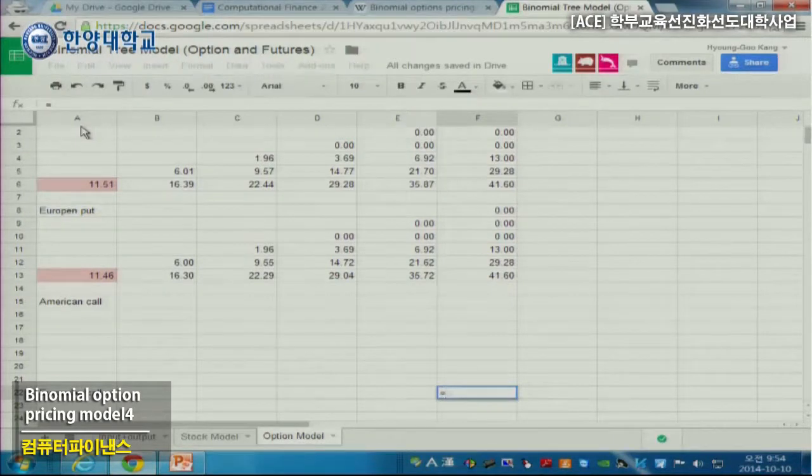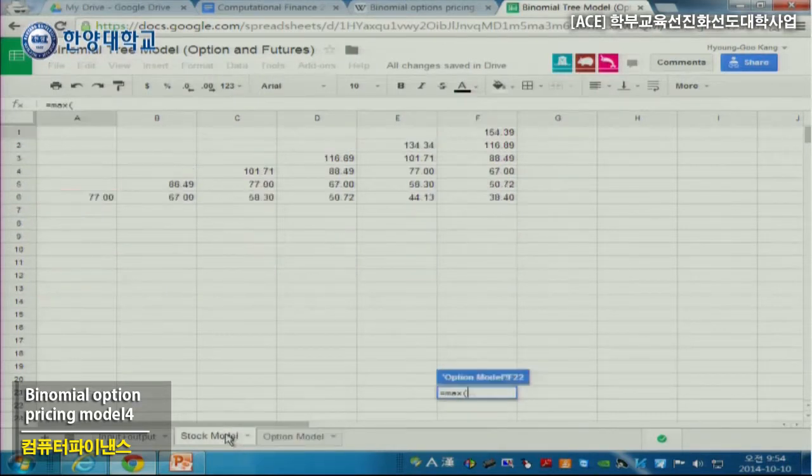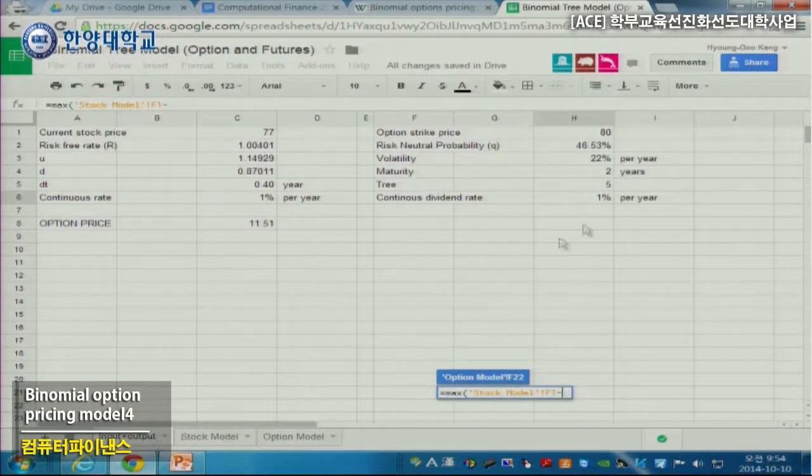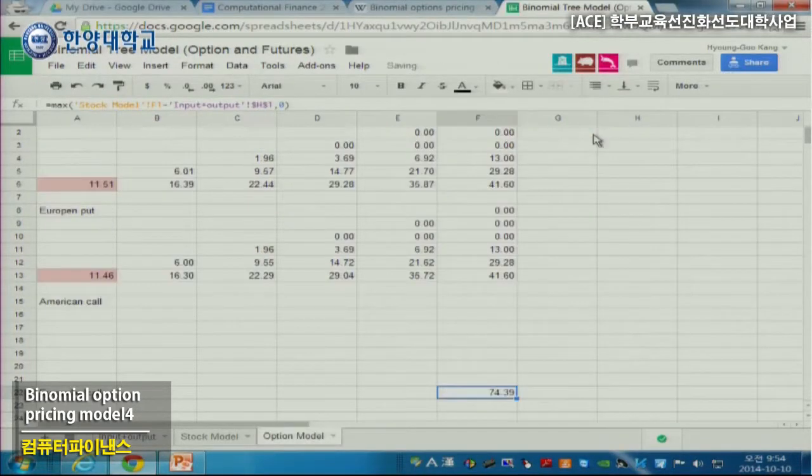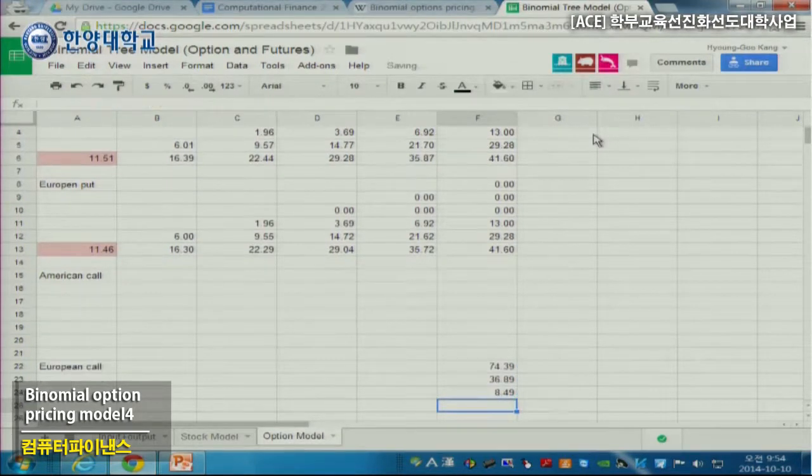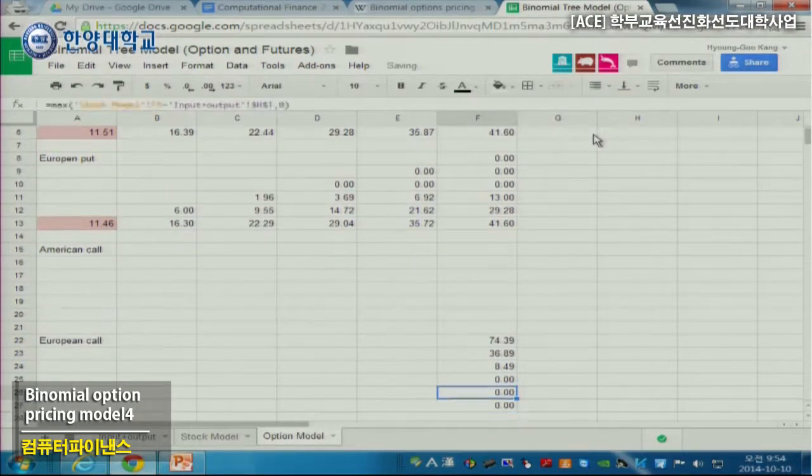The European call is max of the stock model price minus the exercise price. Okay, something like this, and then you can do it together.